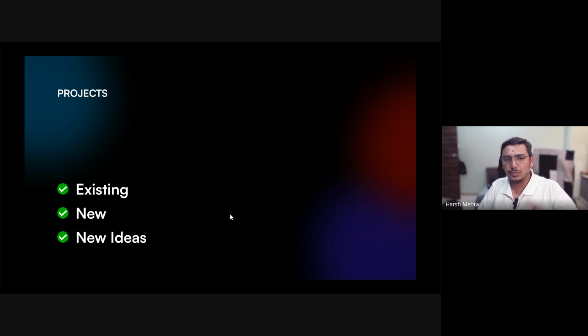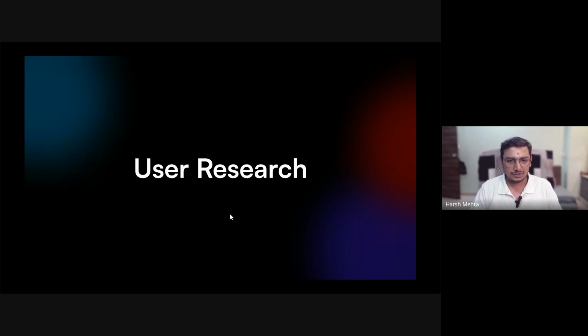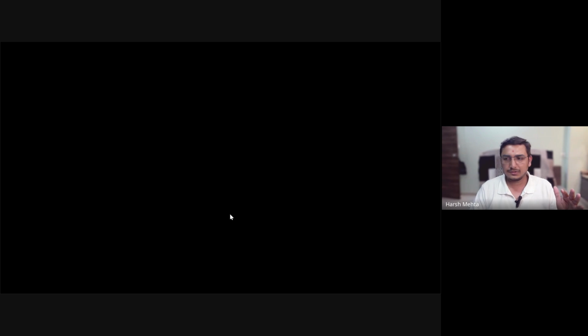When the video is moving on and the influencer is talking about a particular product, you can buy it from the video itself, right? So that is how new ideas come up. Now when it comes to new ideas, you don't really have any existing data or any competition, anything of that sort, right? So now how to do the user research for these different projects.